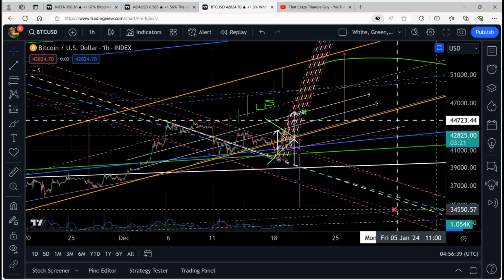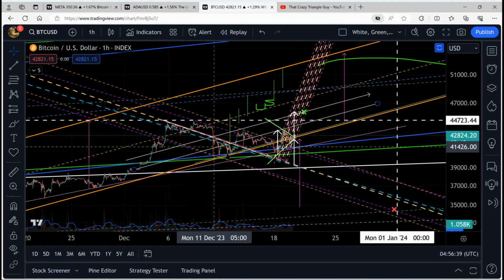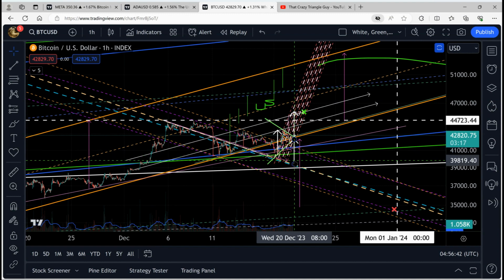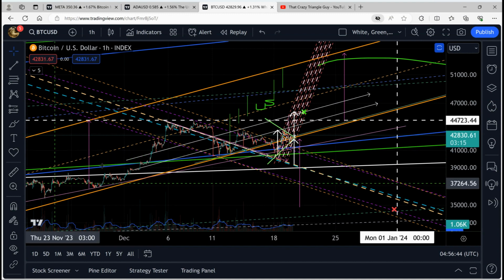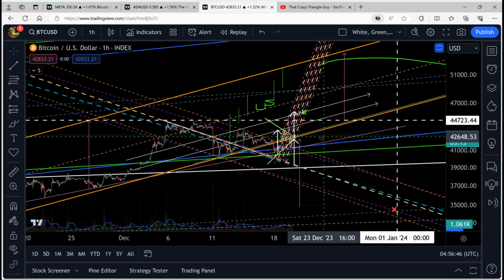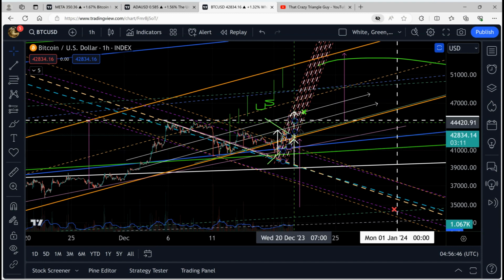So that's a possibility. I doubt it. We tested the green channel 3 times and really struggled to get above it. Once we did, I think we're moving onwards and upwards.